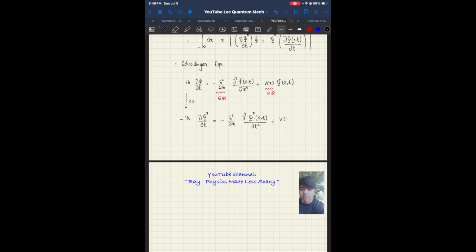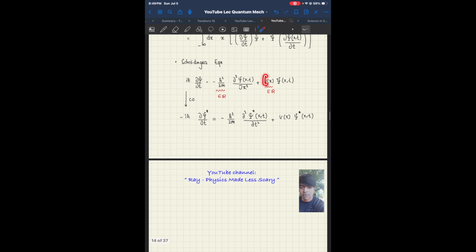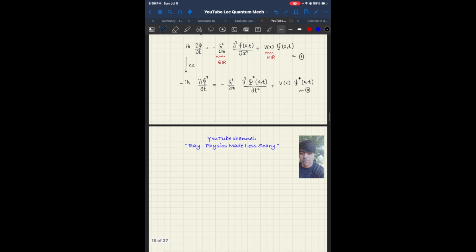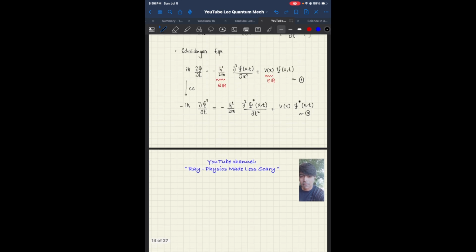Neither does this term change sign. Also note, as I mentioned, V is real, so there is no reason for me to put a star here, right? Only the wave function is complex, so that's the only thing that picks up a star. Okay, good. So this is equation 1. I have literally done everything for you.